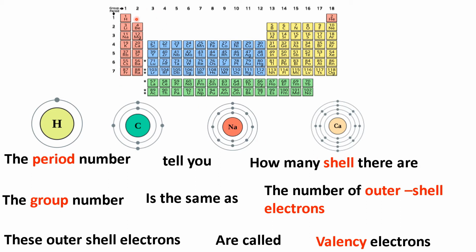Here group 1 and group 2, calcium atom is present in group 2. So the number of valence electrons or outer shell electrons indicates the group number, but the number of shells indicates the period number.